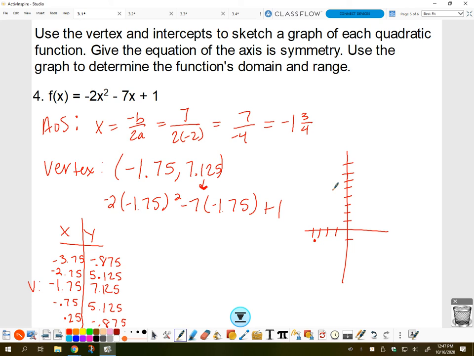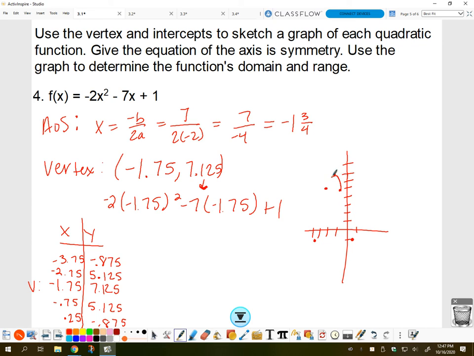I'm having a hard time seeing what I'm doing. Okay. And then almost -2, and a little more than 7. And then almost -1 is back here, and 0.25 is down here.